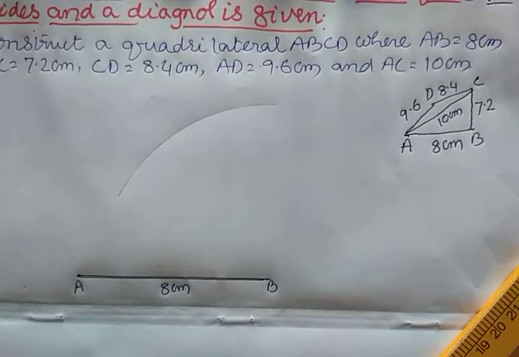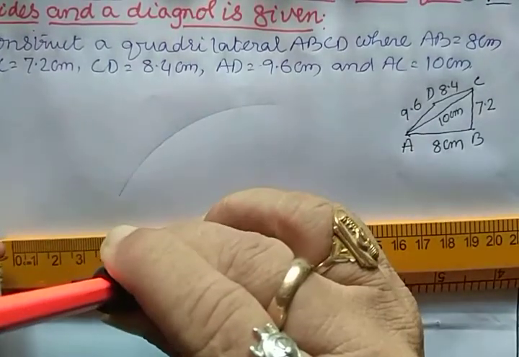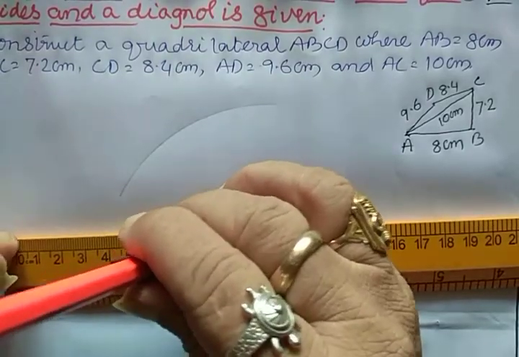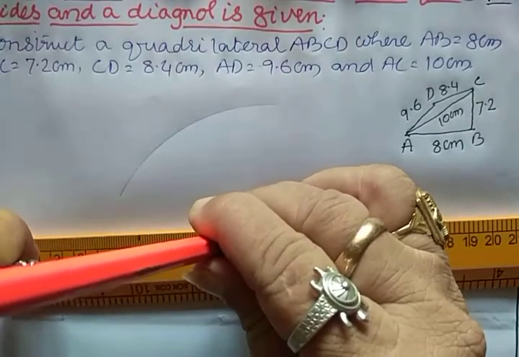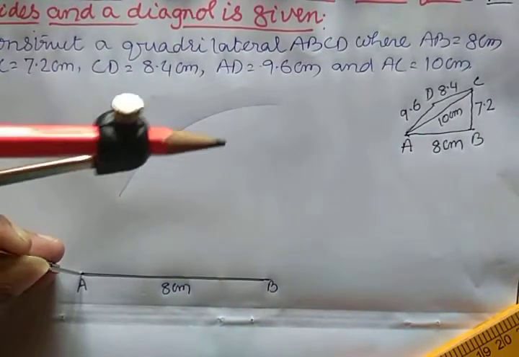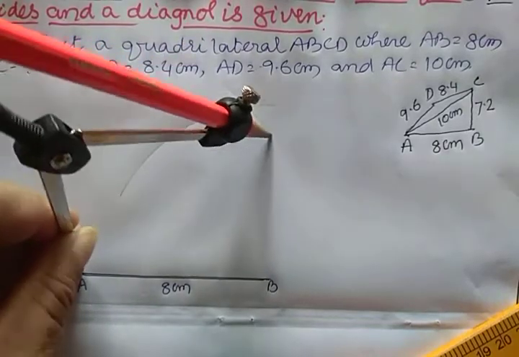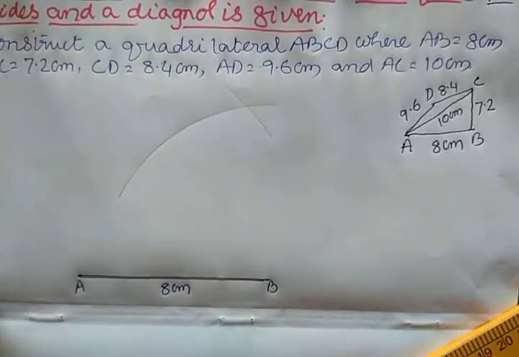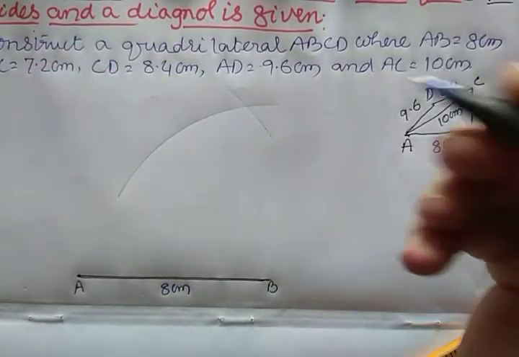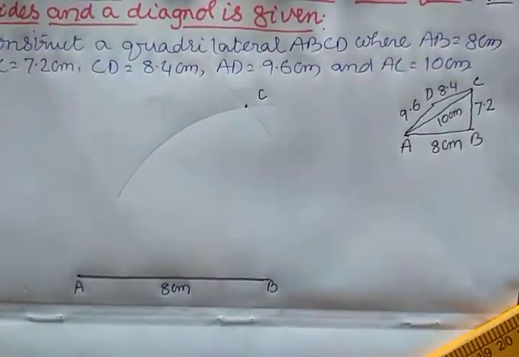Clear? Now what is AC? AC is 10 centimeters. I take an arc of 10 centimeters. So from A, I cut it. Where these two arcs join, that is C.